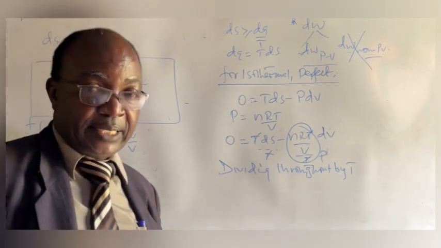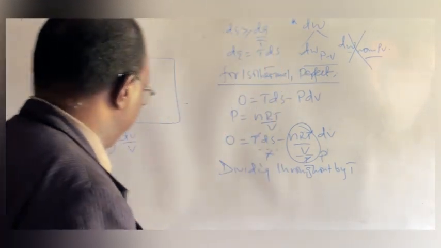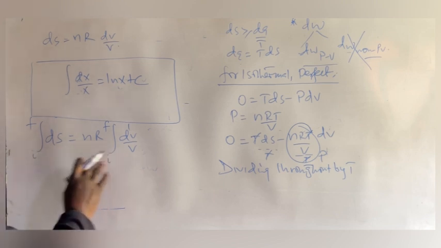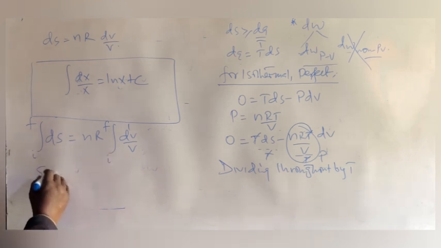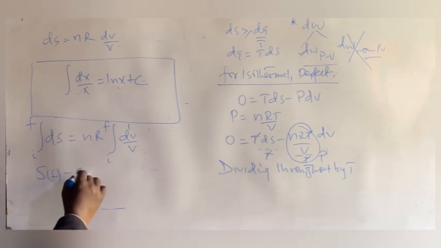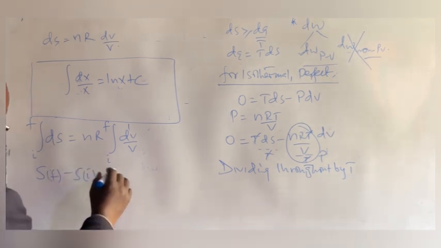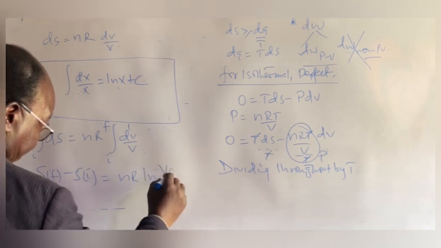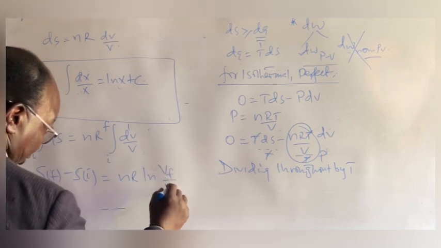And of course, those states are defined by thermodynamic functions or variables. So on integration of this, we will have S final minus S initial will be equal to nR natural log of V final over V initial.